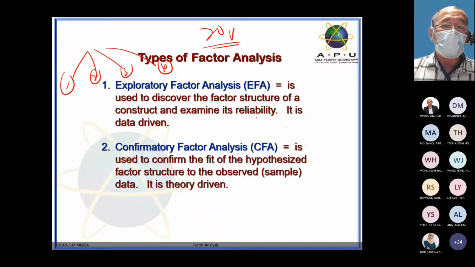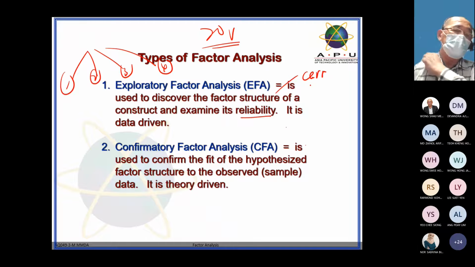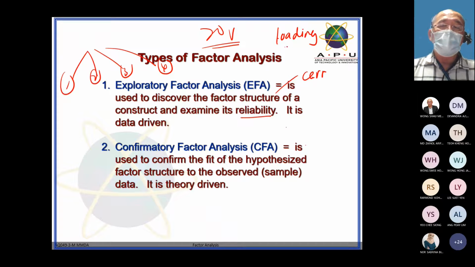And then we can also see the reliability, which is actually using the correlation. Of course, the term that we are going to use is not correlation, but loading. It's okay to introduce one or two new terms. Loading is the correlation between the factor and each construct. Construct can also be the variable.